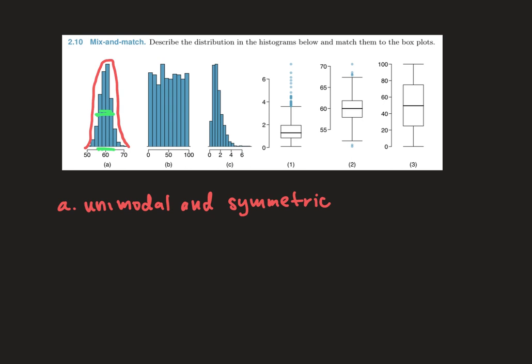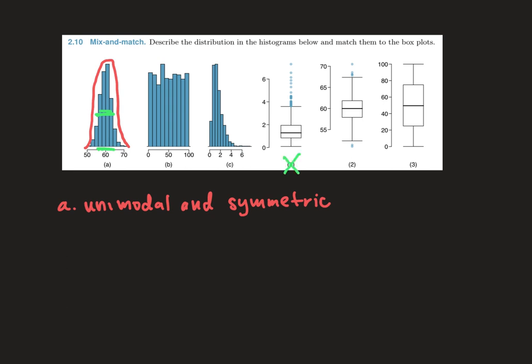So the range of values for those quartiles is going to be smaller. Those quartiles are kind of condensed. So if we look at our box plots, number 1 we can get rid of because it's not symmetric.